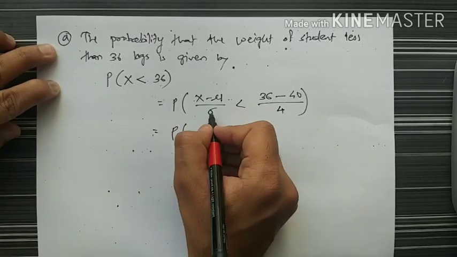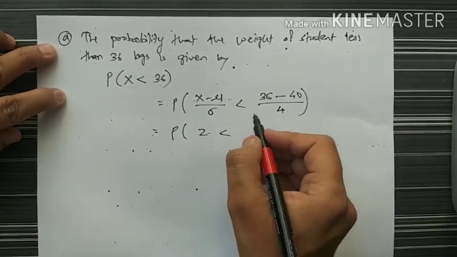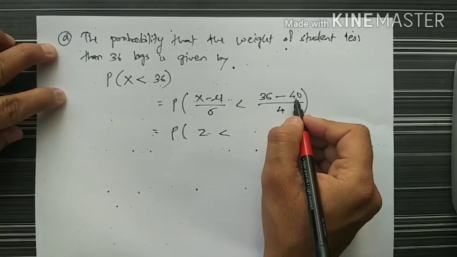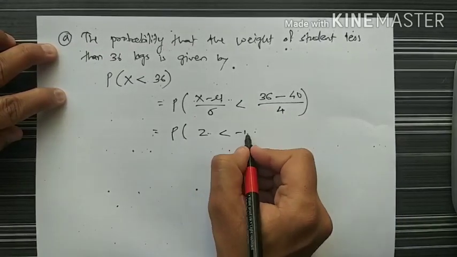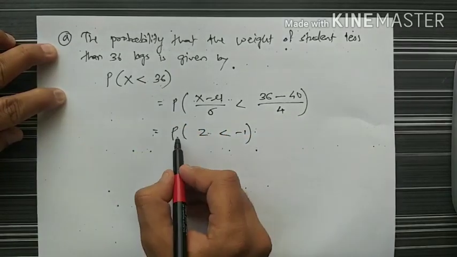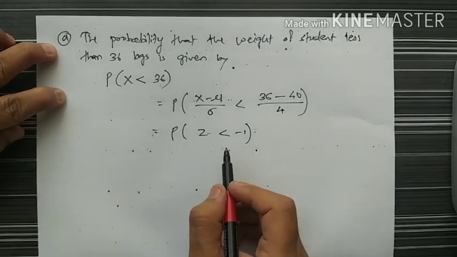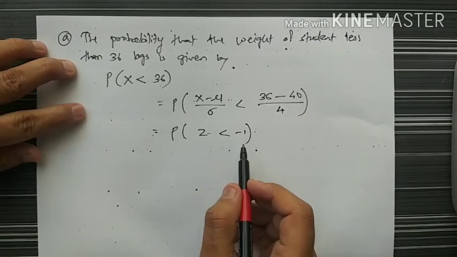We rewrite (X minus mu) upon sigma as Z, which is less than minus 4 divided by 4, that is minus 1. So the probability that X is less than 36 is equivalent to the probability that Z is less than minus 1.